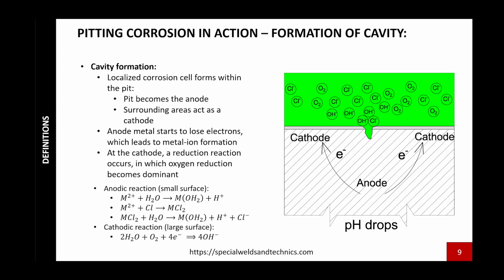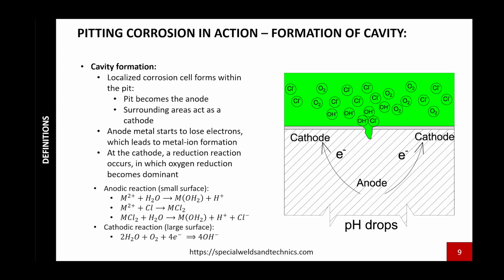At the cathode, in the meantime, a reduction reaction starts in which oxygen reduction becomes dominant, and they attack, alongside chloride ions, the base material. As a side effect, because electrons from the pit go to the surrounding area, and from the surrounding areas chloride and hydroxide ions go to the pit, the pH value in the pit drops.